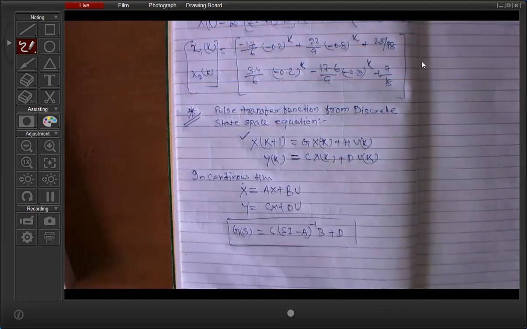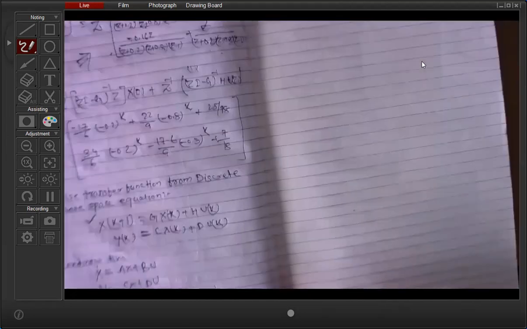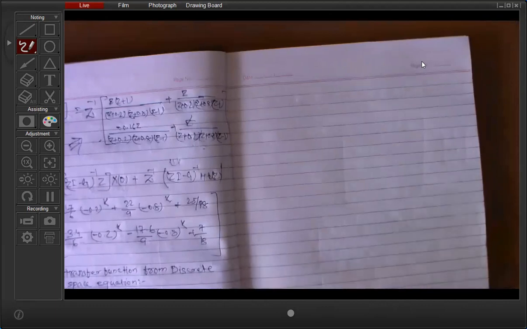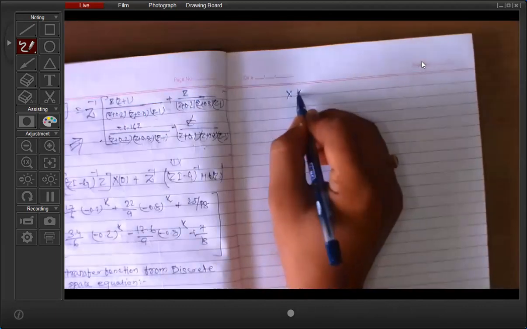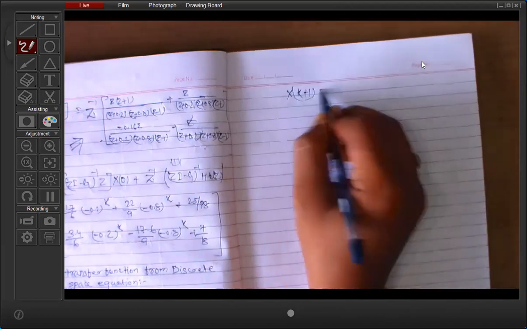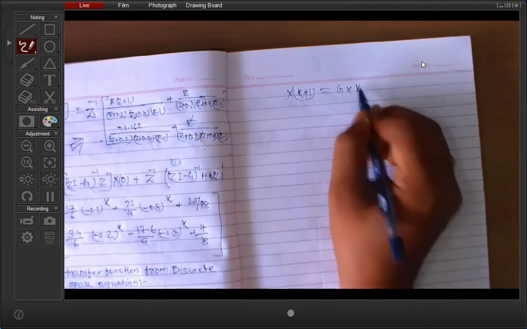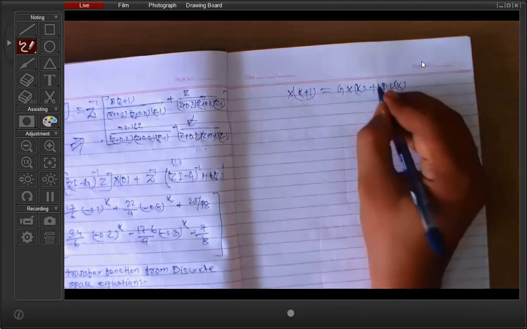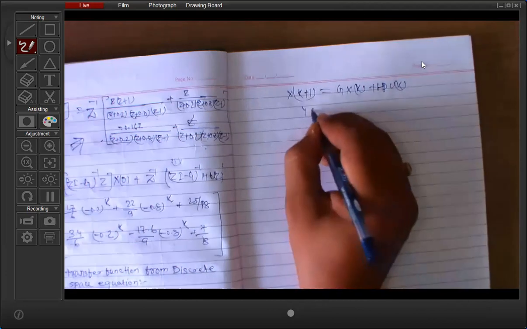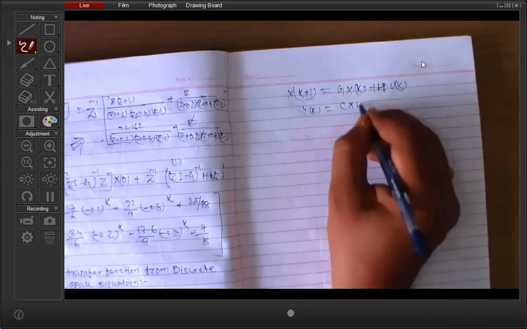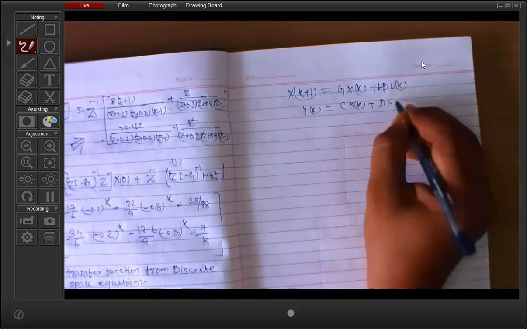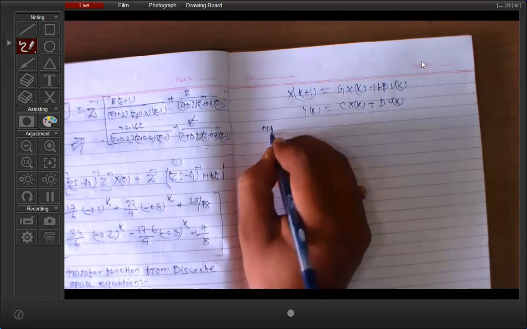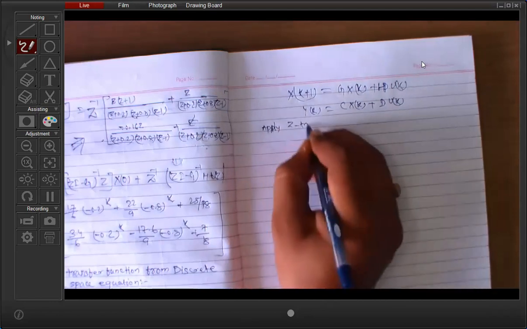Okay, hello. So for the derivation of the pulse transfer function from the given state equation, now we have to apply. Suppose you know the discrete time system x(k+1) is equal to G x(k) plus H u(k), and y(k) is equal to C x(k) plus D u(k). Okay, now apply Z transform.